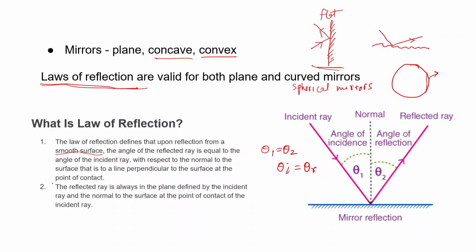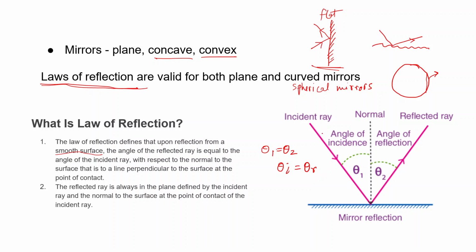Another part of this law is that the reflected ray is always in the plane defined by the incident ray and the normal to the surface at the point of contact of the incident ray. What this second part means is that for the same reflecting plane, the incident ray, the reflected ray and this imaginary normal, all these three things are in the same plane.